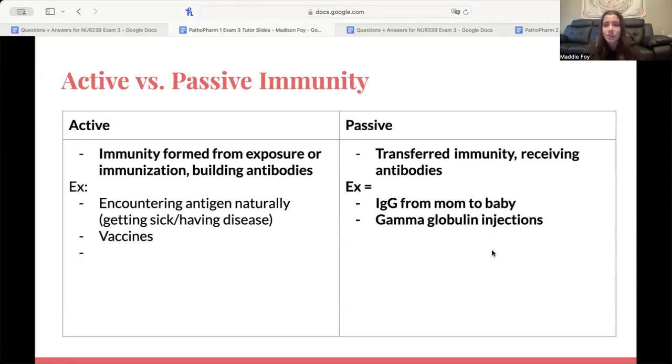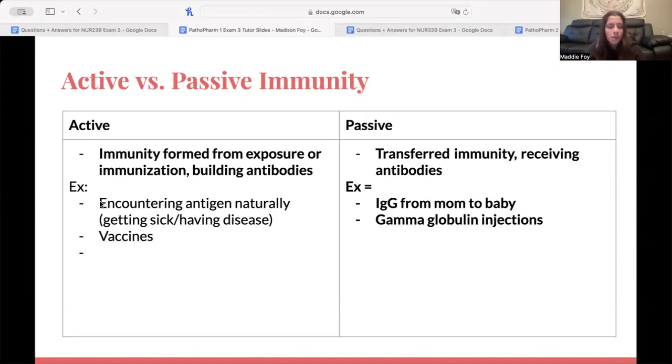Nursing requires our flu shots by next week, so I just got my flu shot. That's an example of active immunity. And then passive immunity is transferred immunity, the receiving of antibodies or immunity, whereas, like I said, with active, you're making those antibodies.